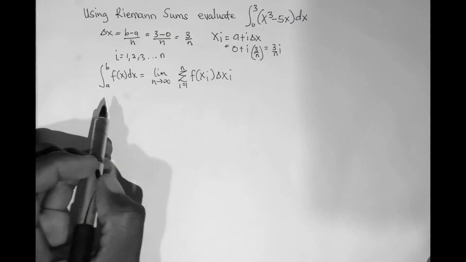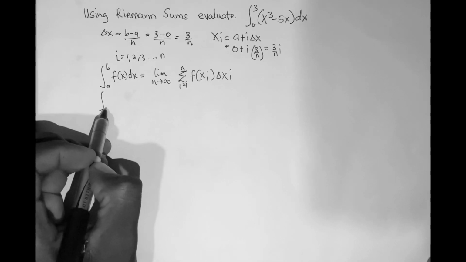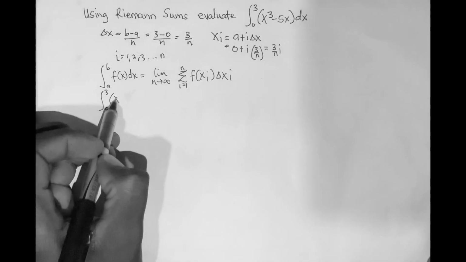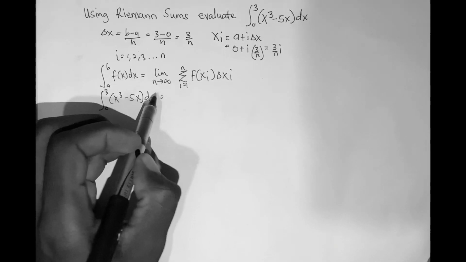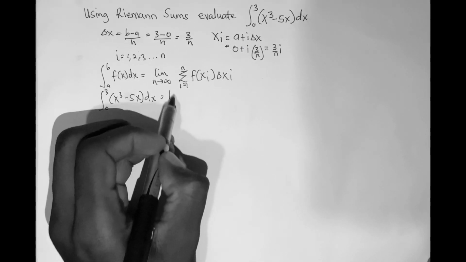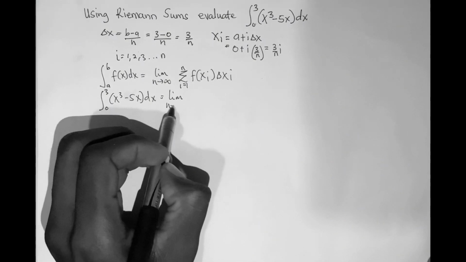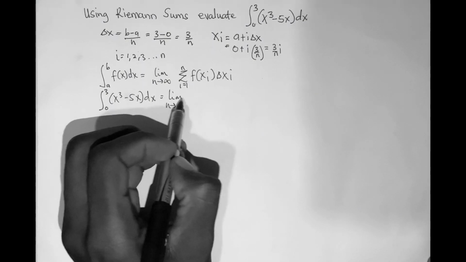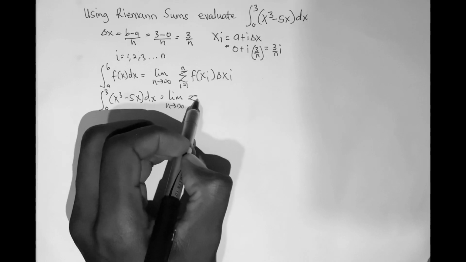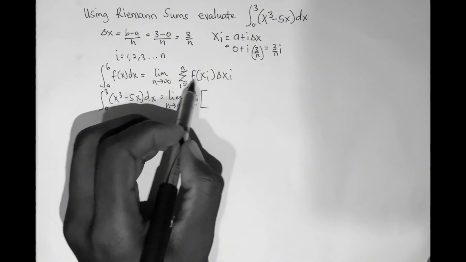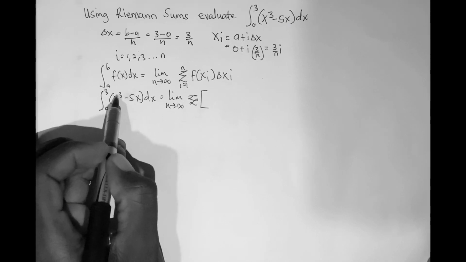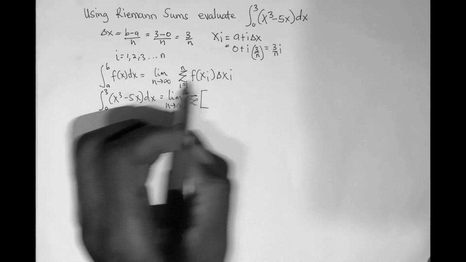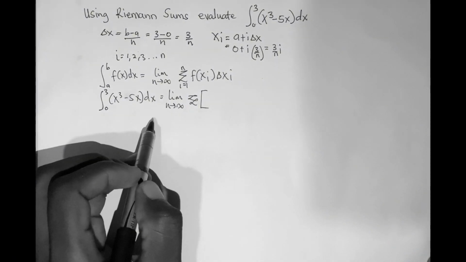So what this means is that the integral from 0 to 3 of x cubed minus 5x dx is equal to the limit as n approaches infinity of the sum of f of xi. That means wherever we see x in this integral, we should put 3 over n i in it.